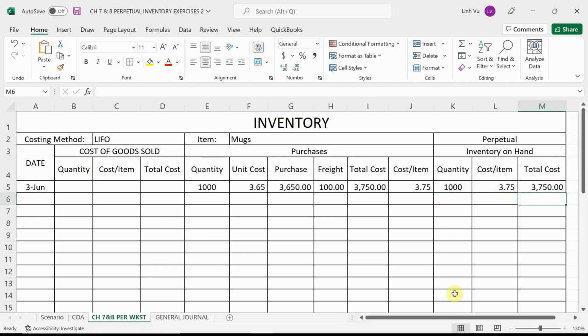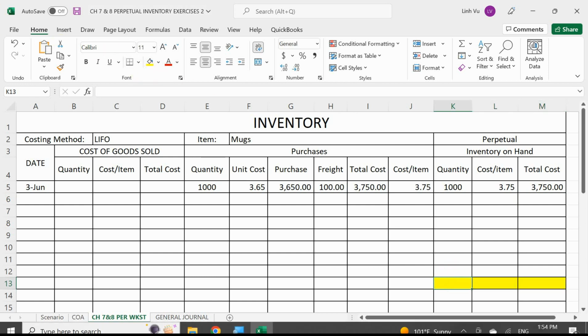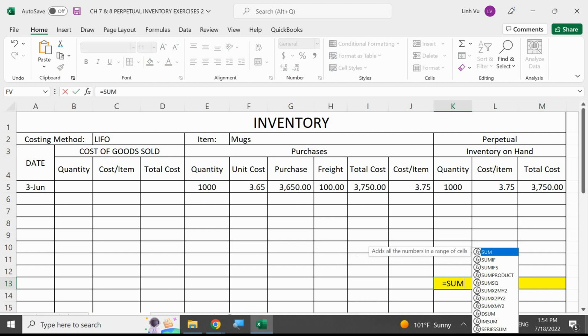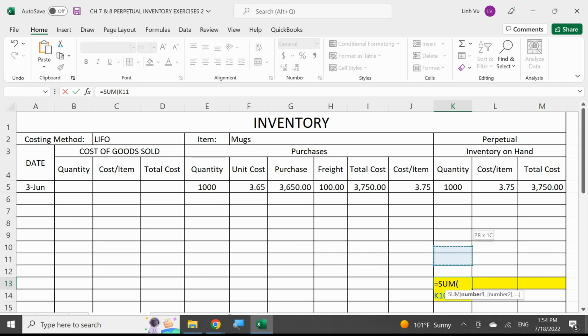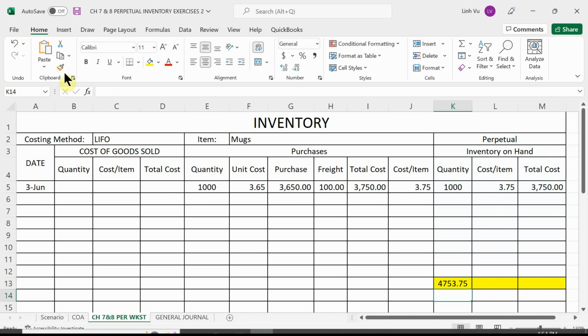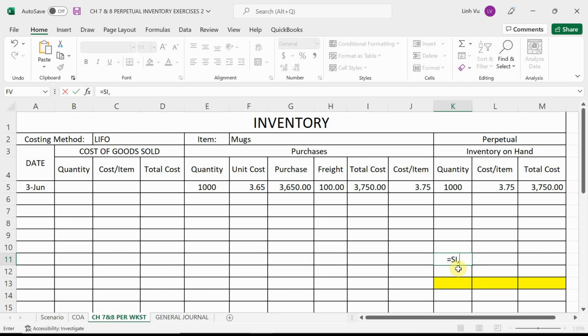And this is where you can create your running balance at the bottom of the table, so you know how many inventory items you have on hand at all times. Right now, I only have that 1,000. Equals sum.